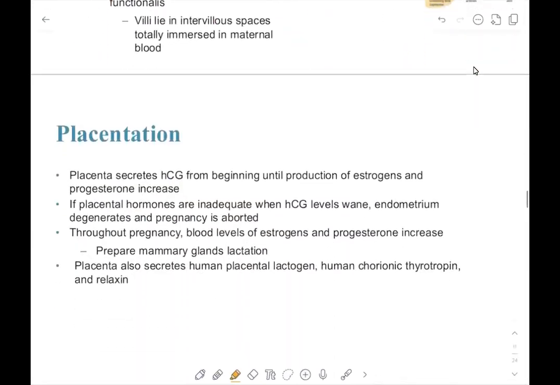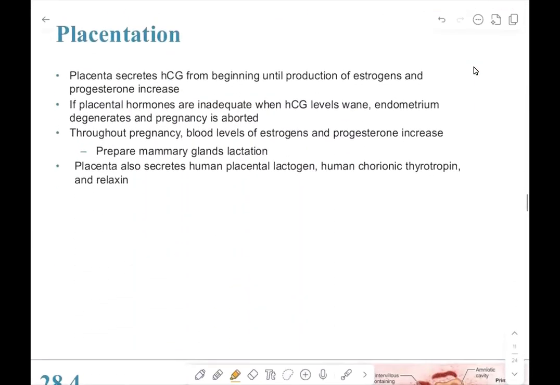So the placenta itself is going to be a combination of the chorionic villi, which we just saw, and the decidua basalis.